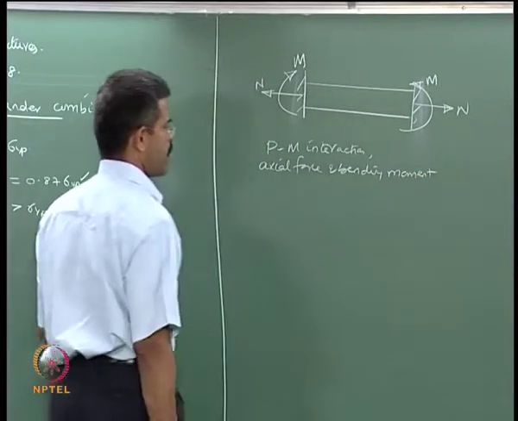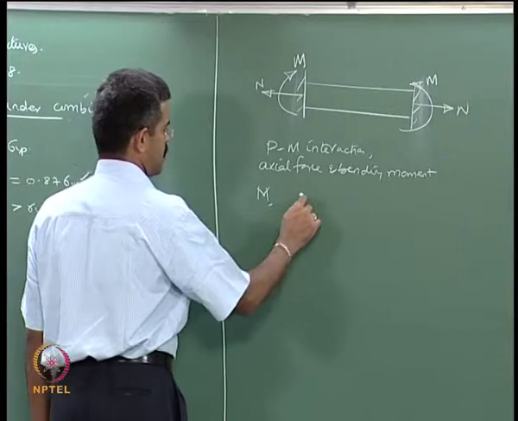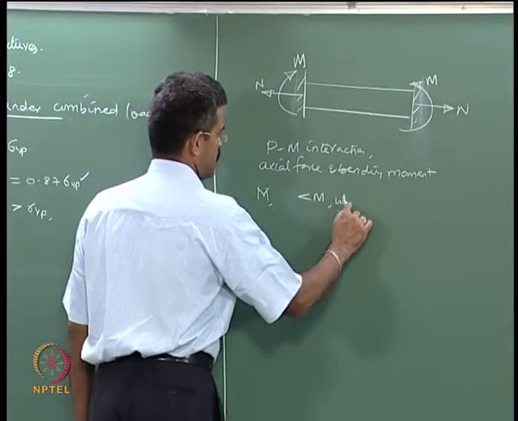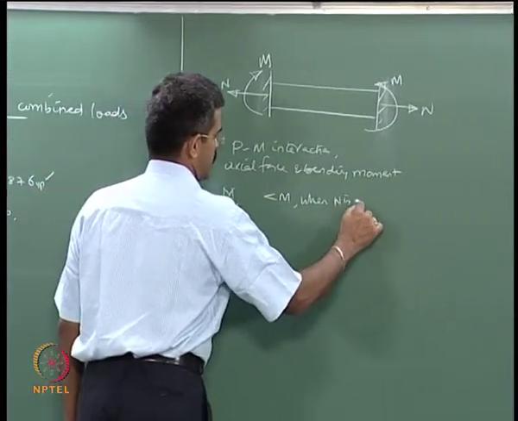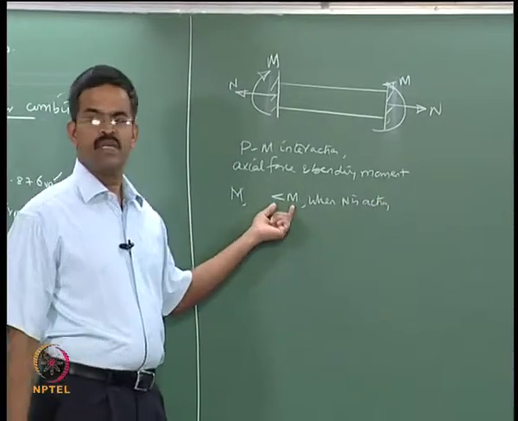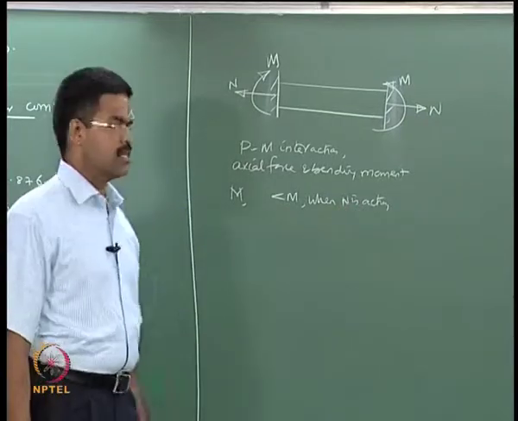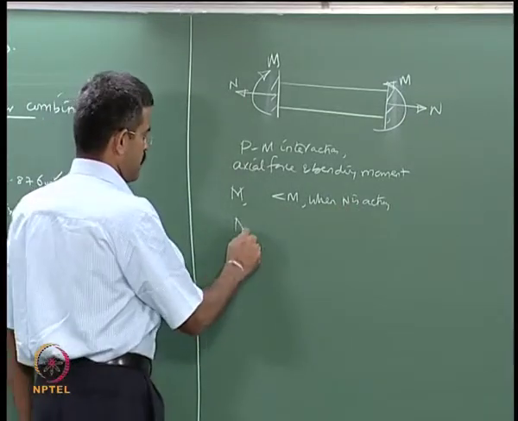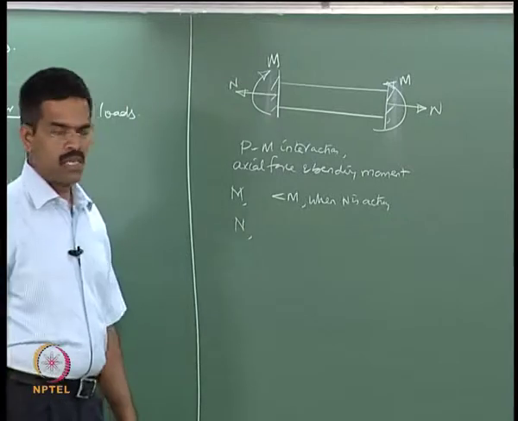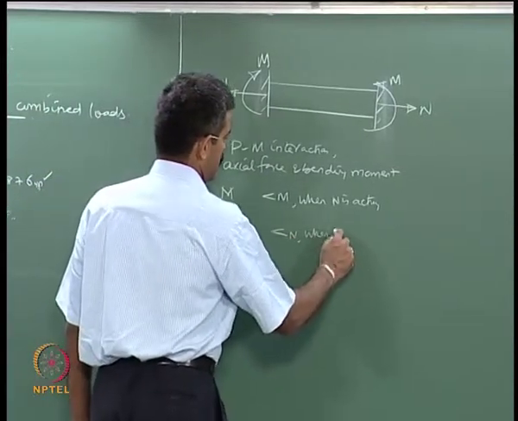The bending moment capacity will no more remain M, it will be lesser than M when N is acting. The load carrying capacity in bending is reduced when axial force also acts on the section. Alternatively, if the axial force capacity is N, it will be lesser than N when M is acting on the section.